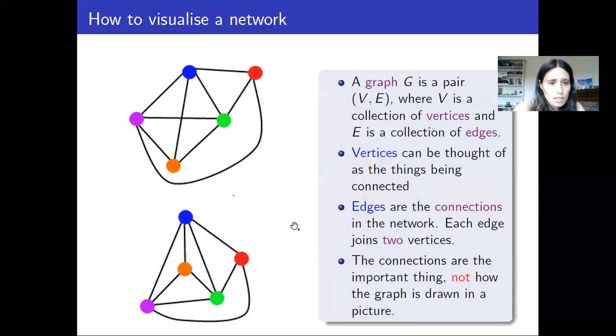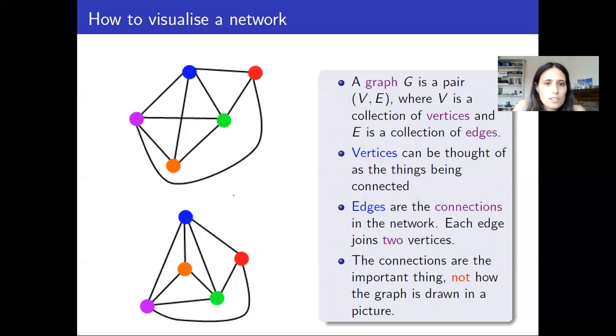You can check that these are exactly the same network. We've just drawn them in different ways. There are some people who study the different ways you can draw out networks. If you're doing water pipelines, for example, how the network physically is represented is very important. For what we're talking about today, the physical representation isn't important at all. So these 2 are exactly the same network.